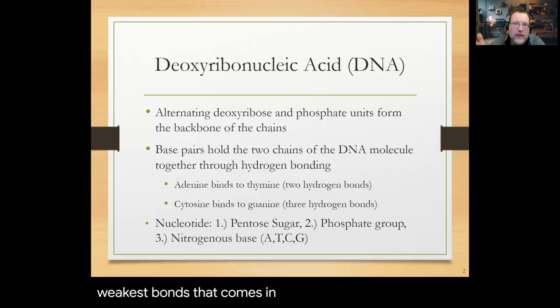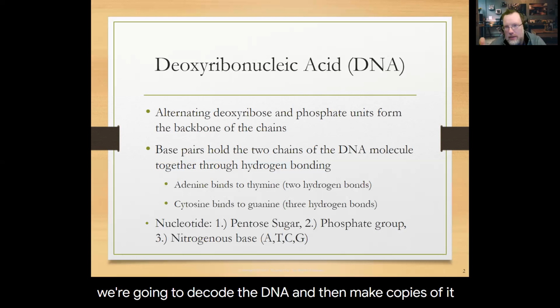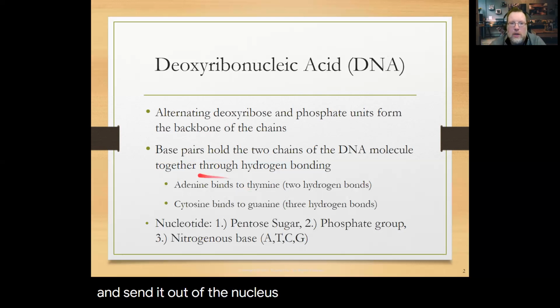That comes into play in a few minutes when we're going to decode the DNA and then make copies of it and send it out of the nucleus. So hydrogen bonds, easy to break. That's good. So A binds with T, so adenine and thymine.